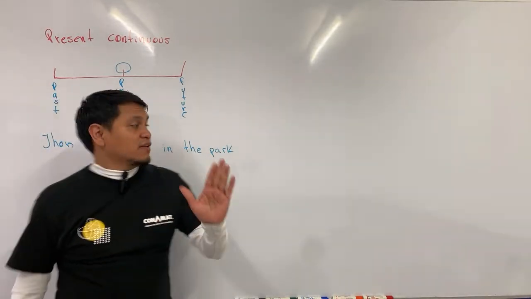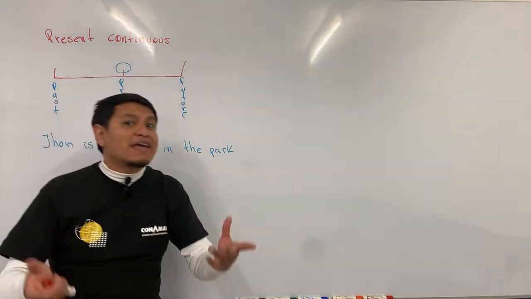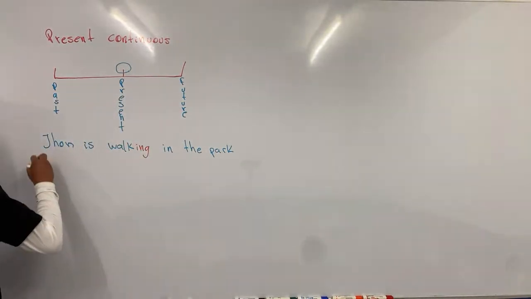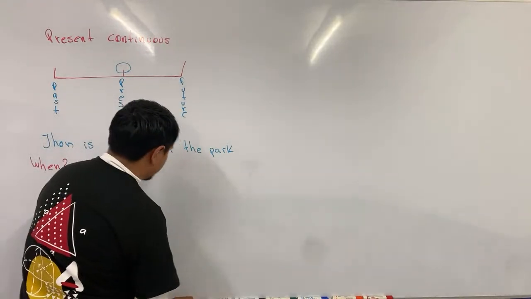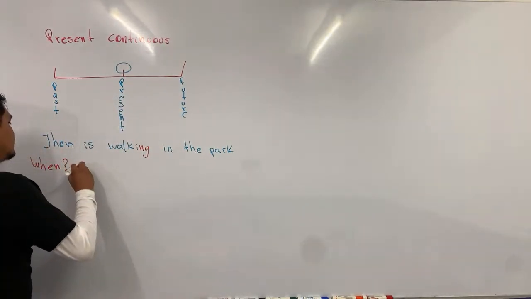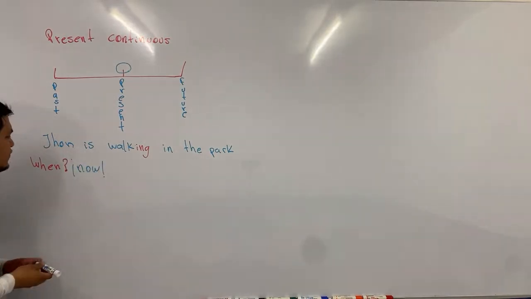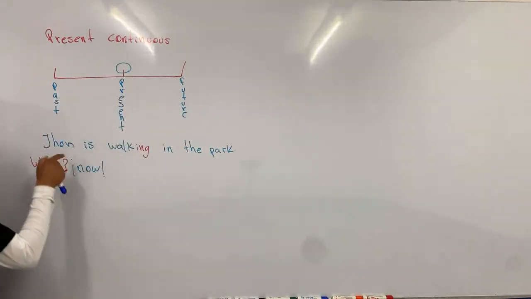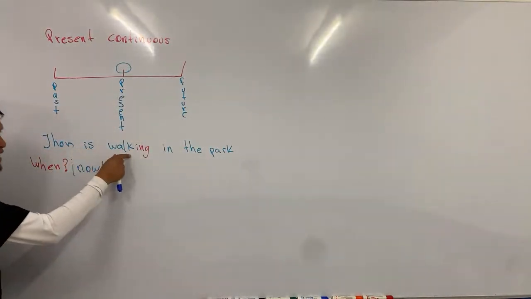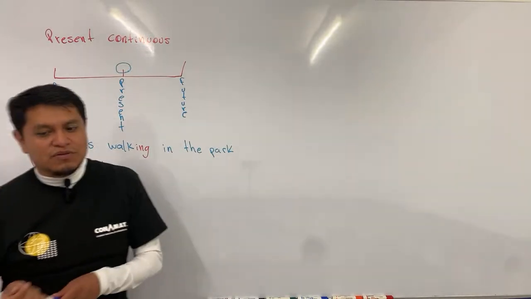Like, John is walking in the park. When? The answer is right now, in this moment. John está caminando en el parque. ¿Cuándo? En este momento, right?